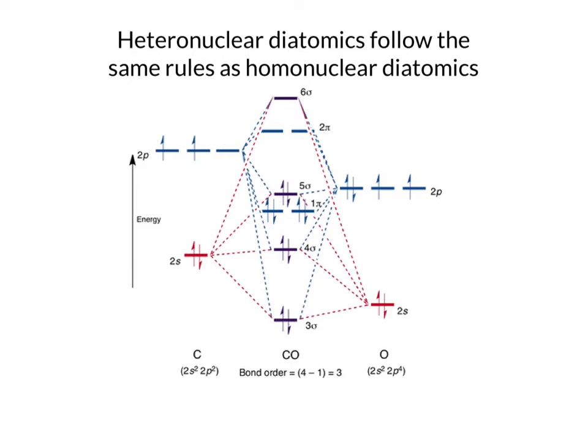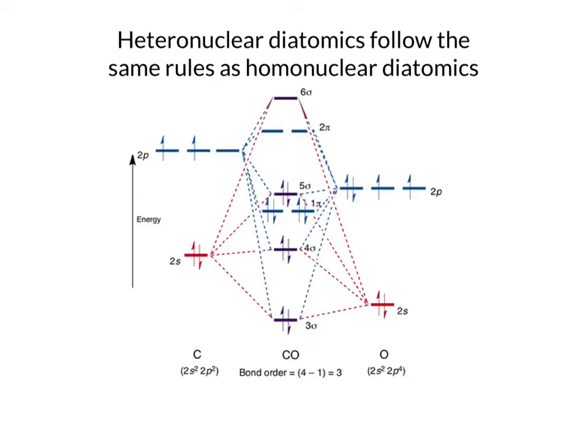In addition, because the oxygen 2p orbitals are close in energy to the carbon 2s orbitals, that allows the 2pz orbital from the oxygen to combine with these s orbitals when we make these sigma bonding orbitals.